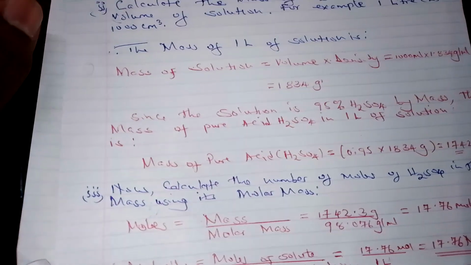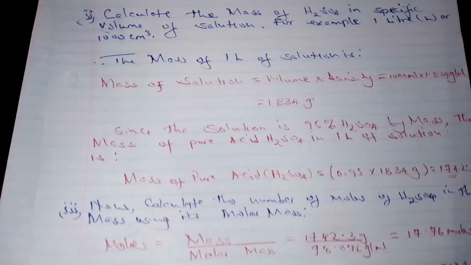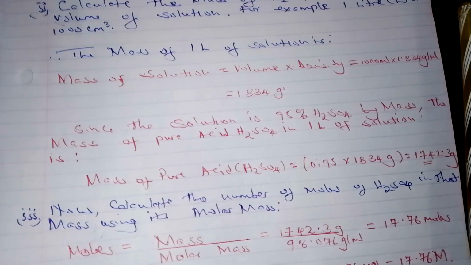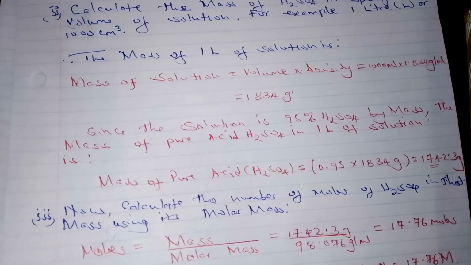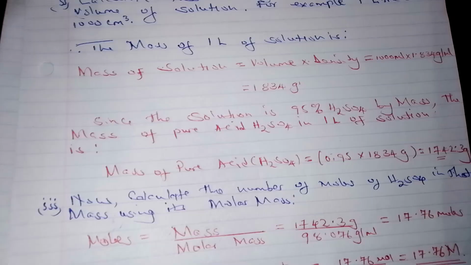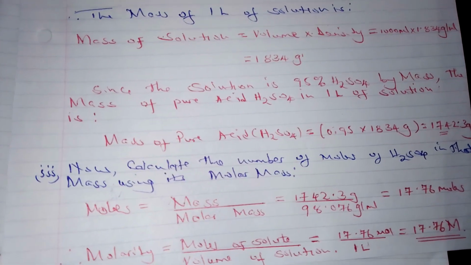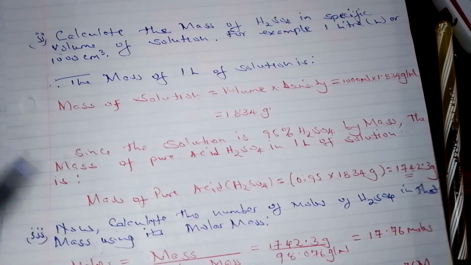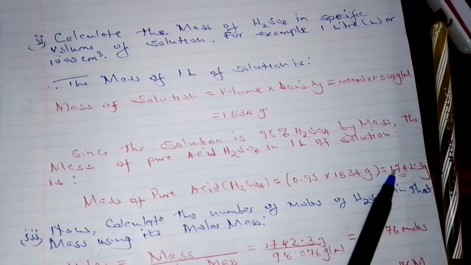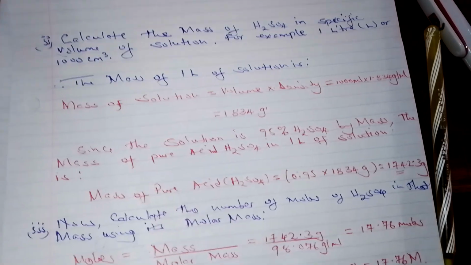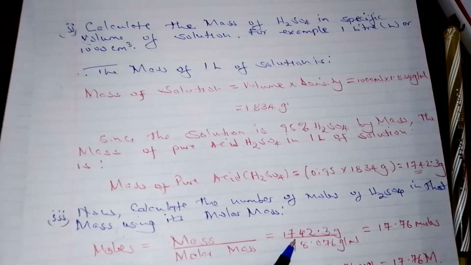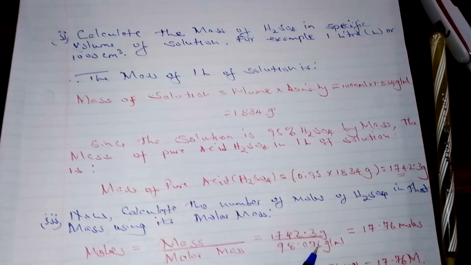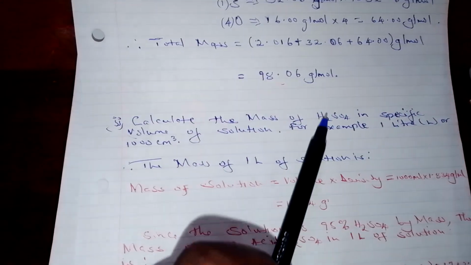Last but not least, you are supposed to calculate the number of moles of sulfuric acid in that mass using its molar mass. Moles is equal to mass over molar mass. You divide by the molar mass of sulfuric acid, which we found earlier here.